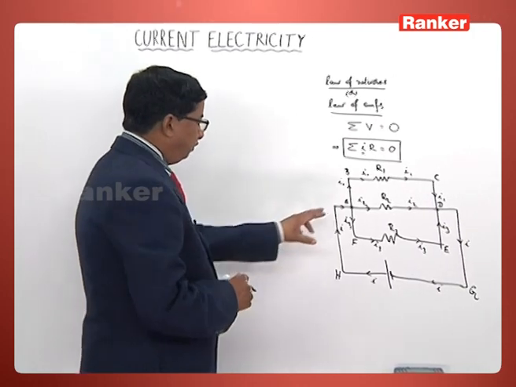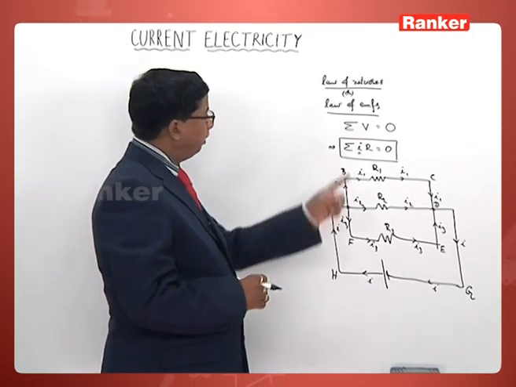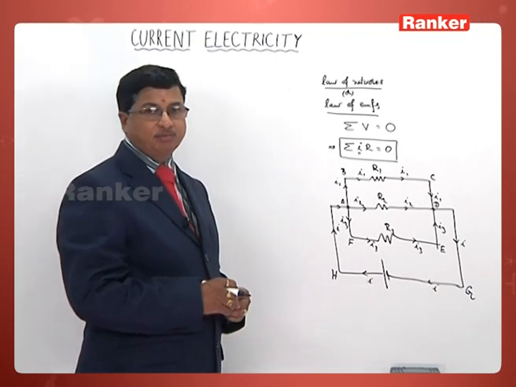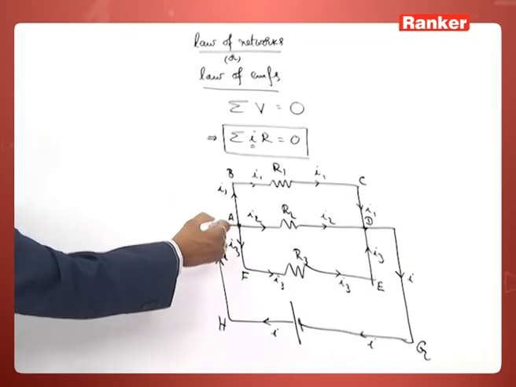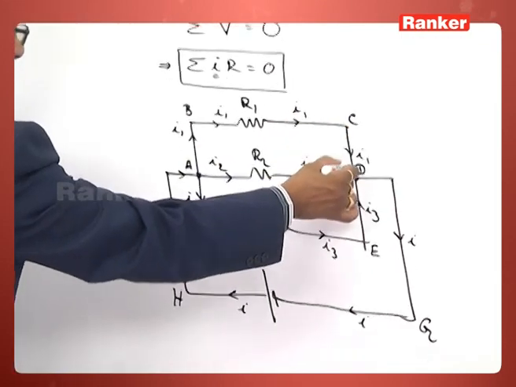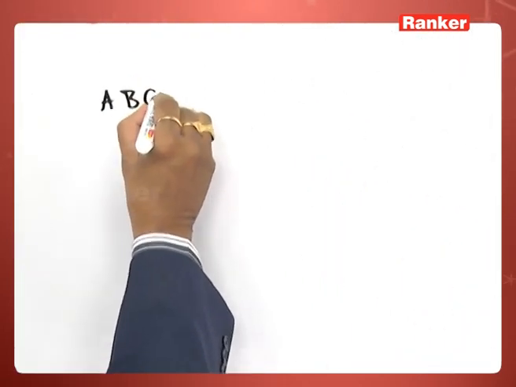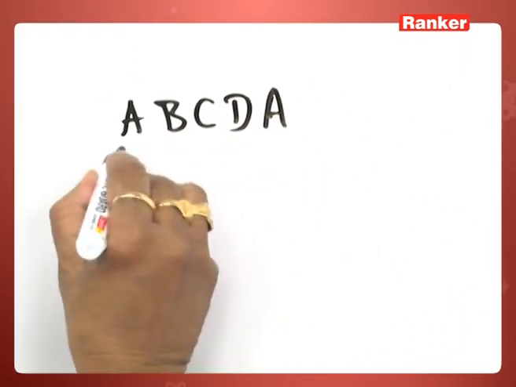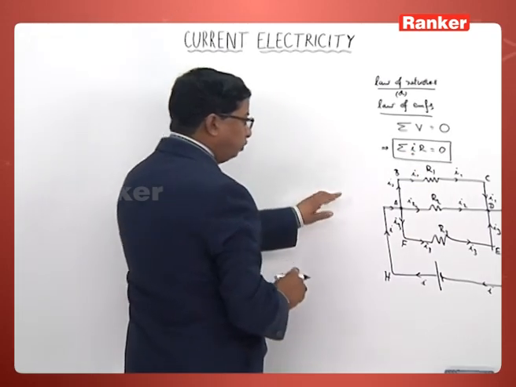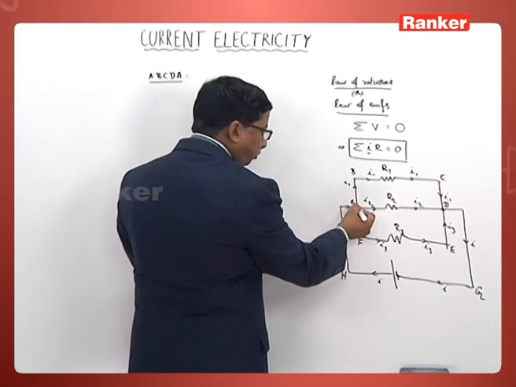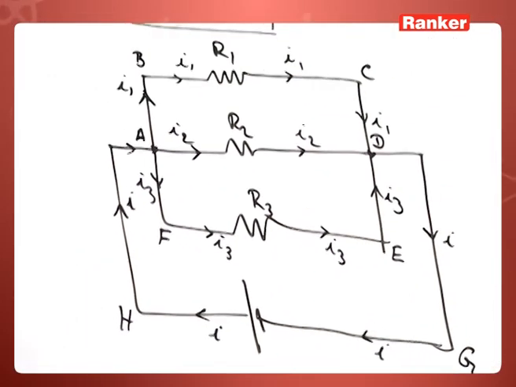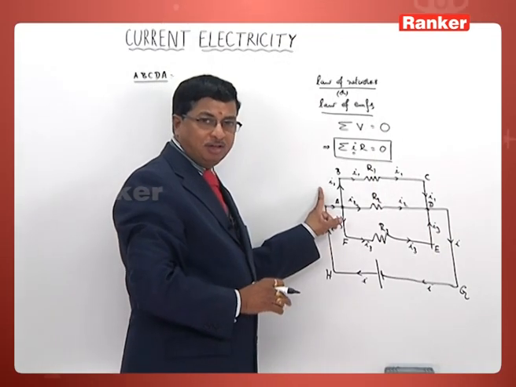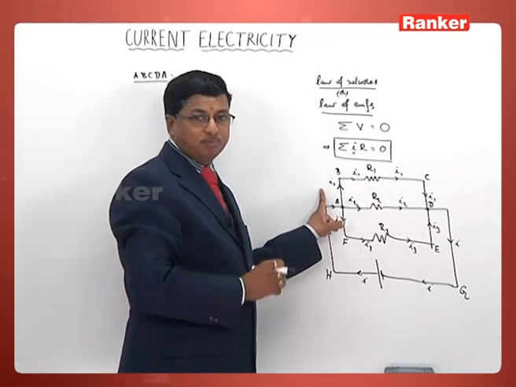Let us analyze these networks now applying the second law of Kirchhoff, that is law of EMFs. Check the first network here. A, B, C, D, A is a closed network now. In this network, when I move from A to B, I am following the direction of current. In such case, current is to be taken with a negative sign.